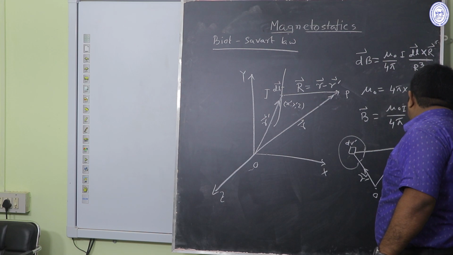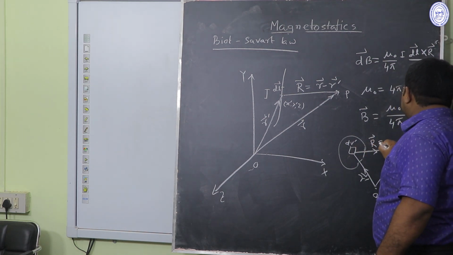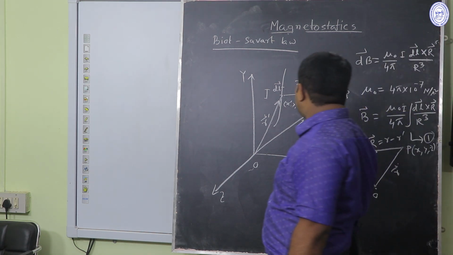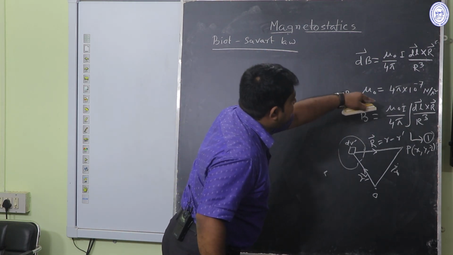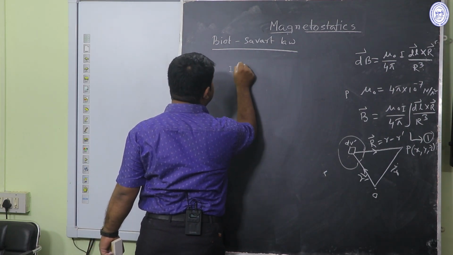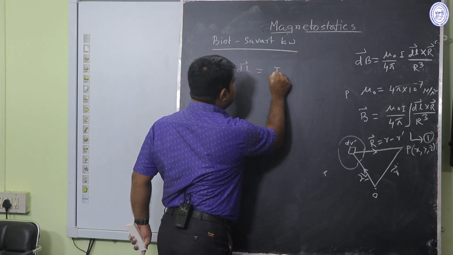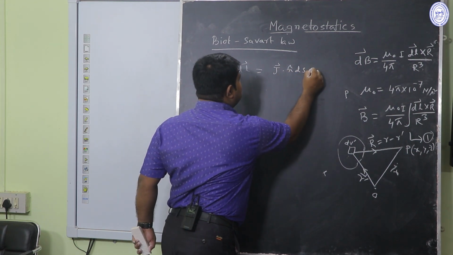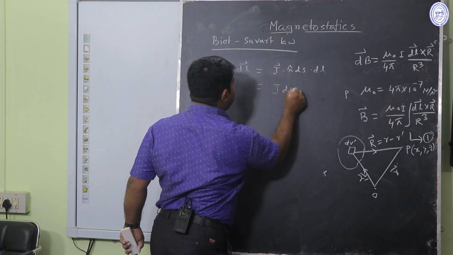So, the position of the point P with respect to the elementary volume, capital R, is equal to r minus r prime. For volume current distribution, I dl, current into length, can be written as current density J n hat dS into dl, which is equal to J dV.